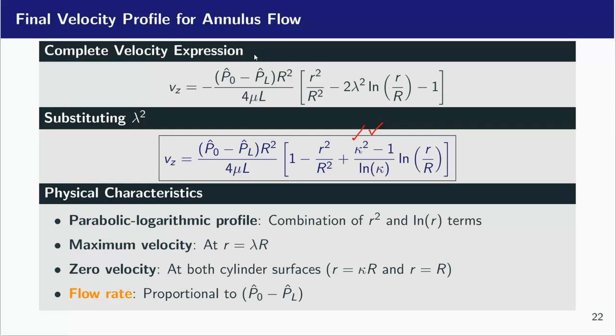So from this equation we can say that it is a combined parabolic and logarithmic velocity profile, with r square and ln r terms. Maximum velocity occurs at r is equal to lambda R, and zero velocity at both cylinder surfaces, r is equal to kR and r is equal to capital R, and flow rate is proportional to p0 minus pL cap.